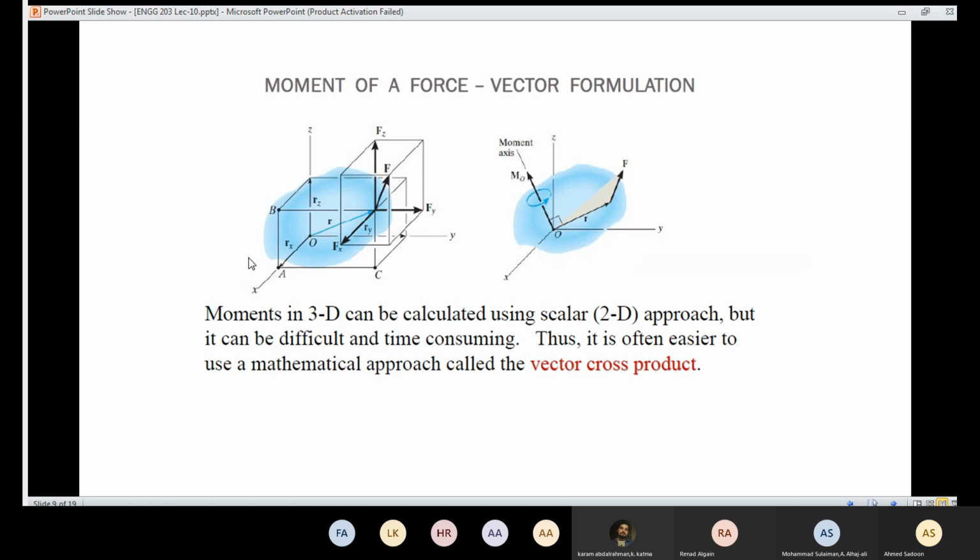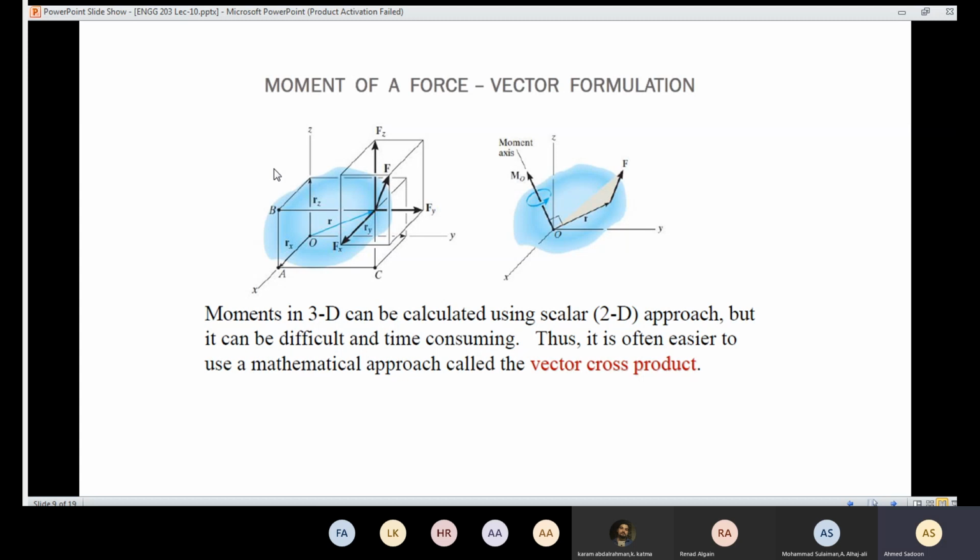And we could use the scalar notation. If I have X, Y, and Z, and I have the vector F, I'm going to resolve the vector F into X, Y, Z components, and then multiply them by their perpendicular distance in order to calculate the moment.